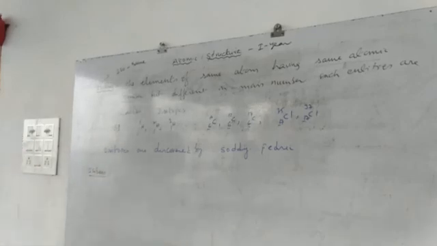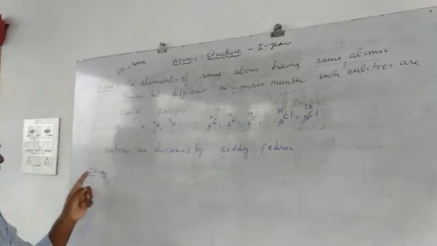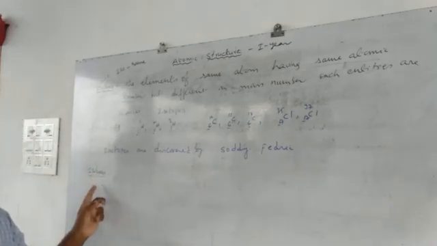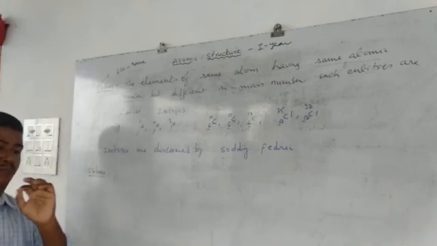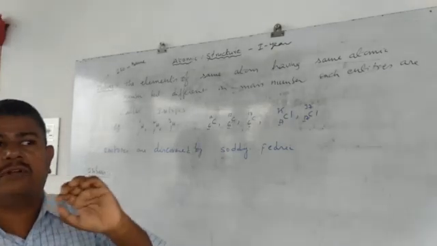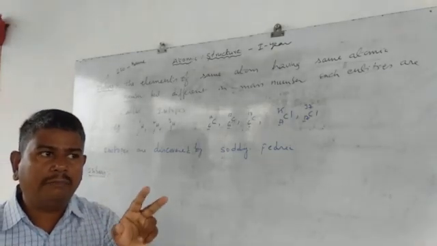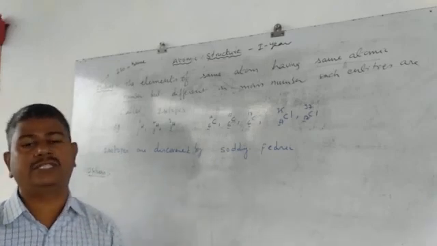Here also, iso means same. What is same here? Bar means here the mass number will be the same. Atomic numbers are different. Atomic numbers are different means the elements are of different kinds. That means those elements are not the same.